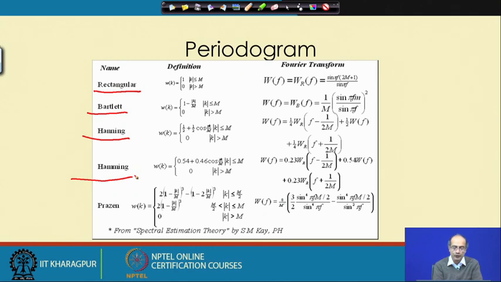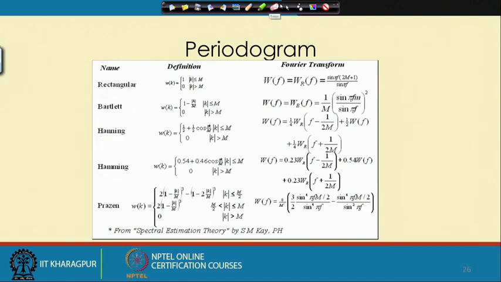Now, as we move forward, we go for the other windows, we get improvement in the suppression of the side lobe, but at the cost of an increase in the width of the main lobe. In fact, both have their negative effects. If two harmonics are close by, the side lobe frequencies can accentuate and actually merge them together.